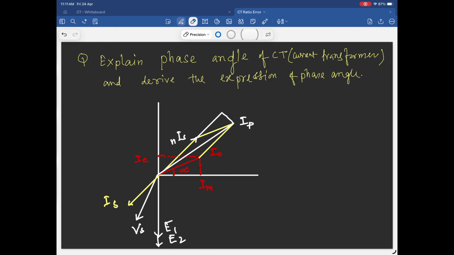So the reflected value of the secondary current on the primary side is represented as NIS, and the phasor sum of NIS and I0 is the primary current IP.